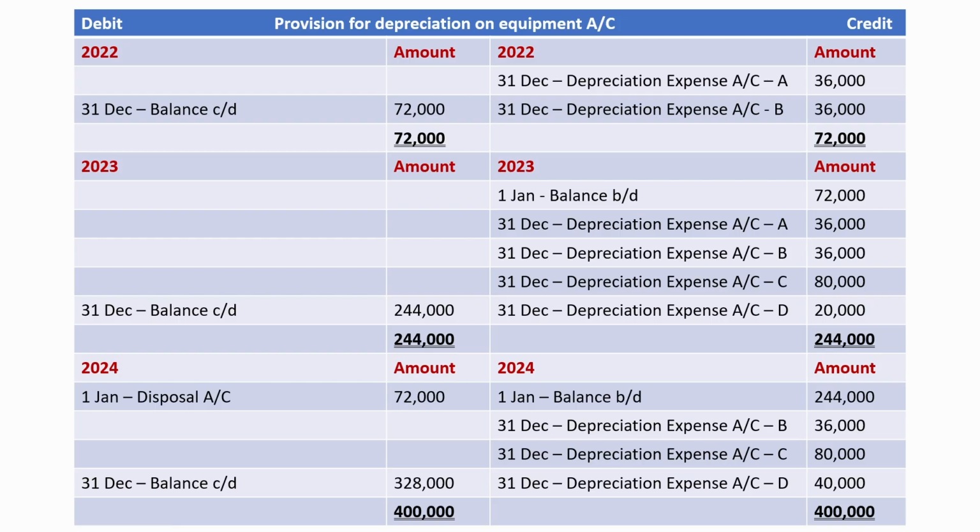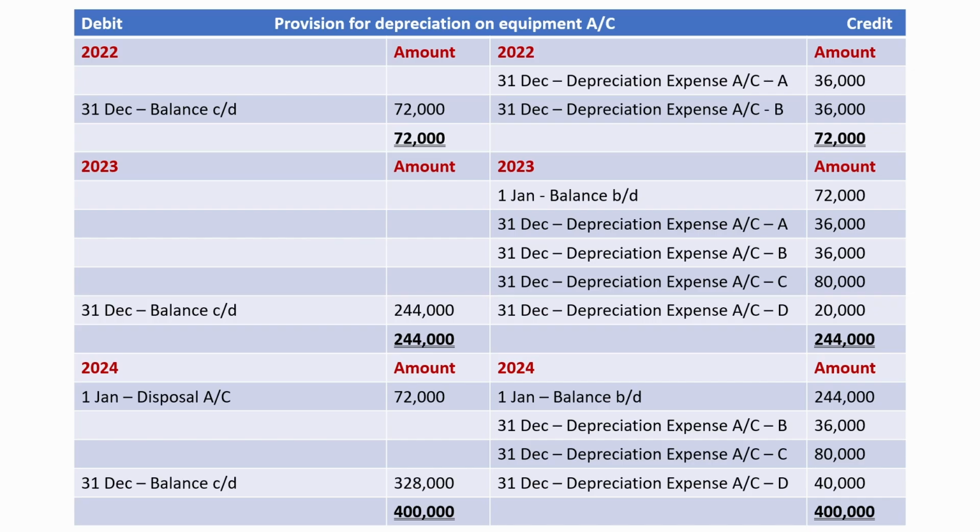So by the end of 2024, start with the balance brought down, add the expenses for the current year, deduct disposal, the balance carried down will be 328,000. So that is how we prepare provision for depreciation on equipment account.